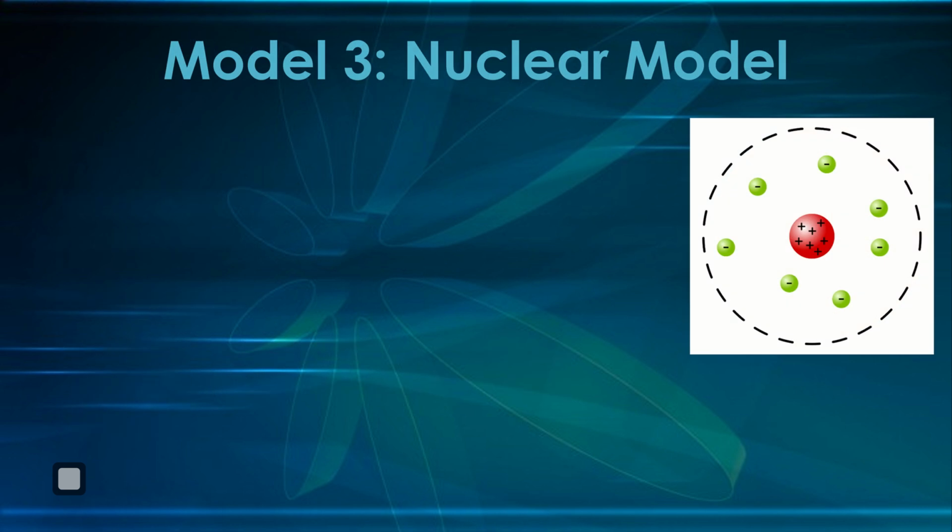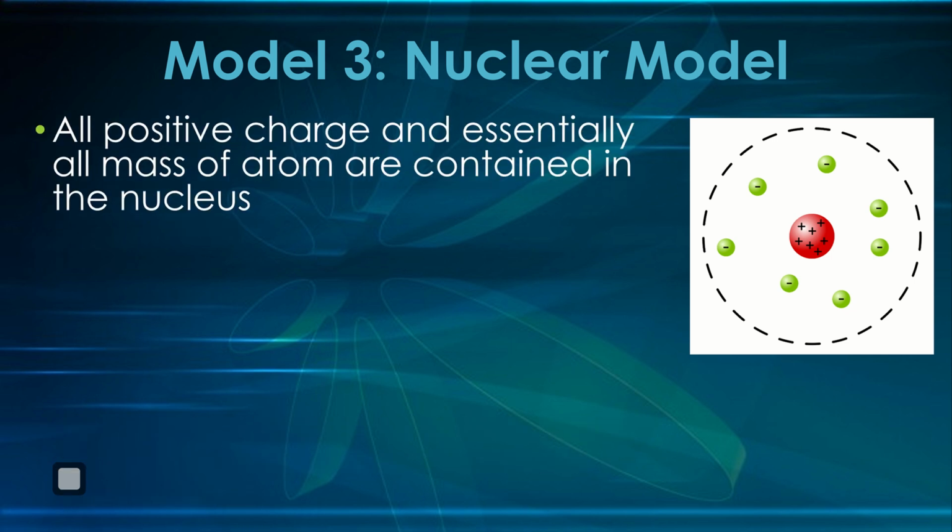So finally we get to something that is getting much closer, and this was a very, very popular model for a period of time. We are getting into the 1900s now, so we're almost there. I know we're still 100 years away from us. But another scientist came along, did a very impressive experiment, shooting alpha particles at, I think it was a gold plate, and he realized that some of these alpha particles would be completely deflected back toward him.